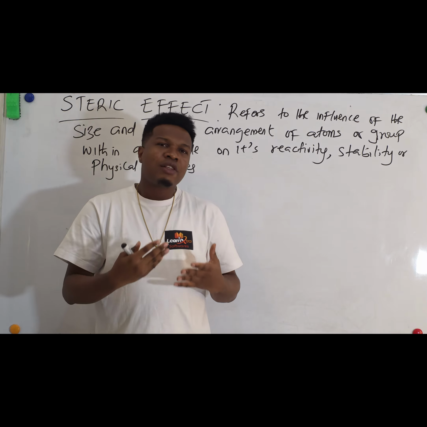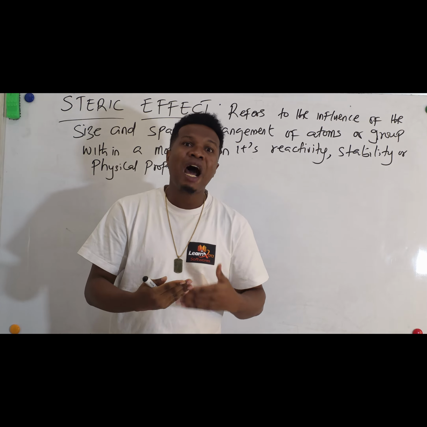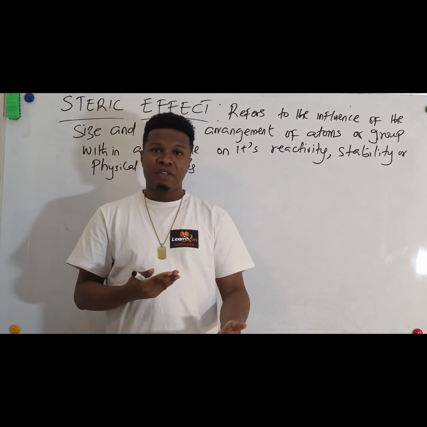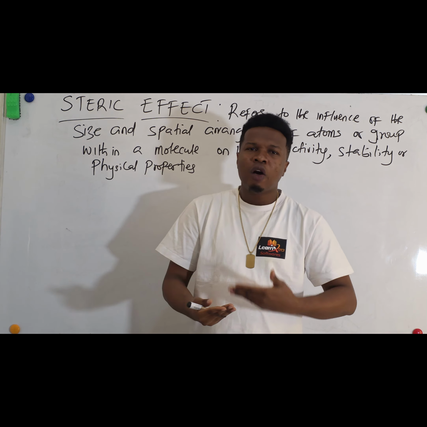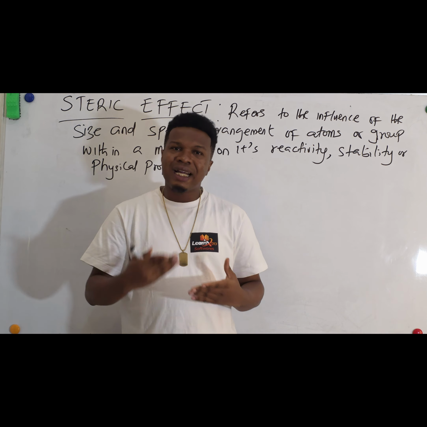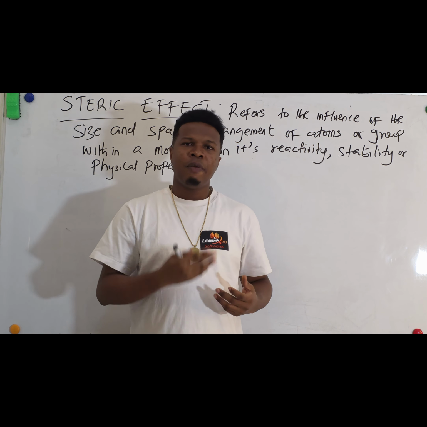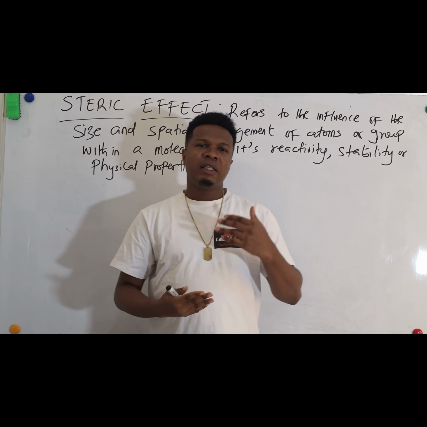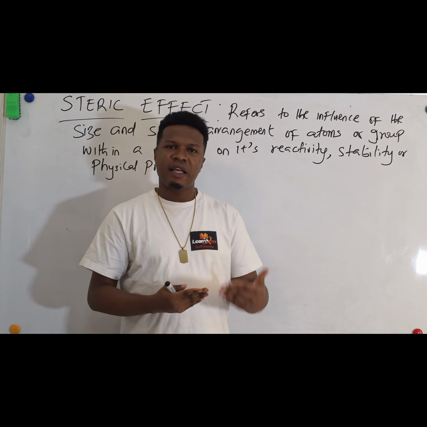Remember, the essence of these effects is for you to know their effect on carbon and how they affect the reactivity or the physical property of that carbon. When you go to the material and read more, you will see more points that you can note down with regards to the effects around the carbon. So we are going to only consider these three effects: the inductive effect, the mesomeric effect, and the steric effect.